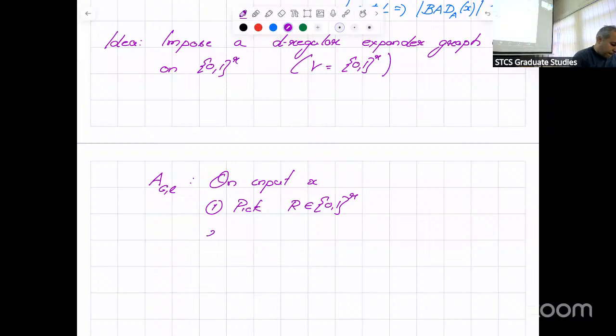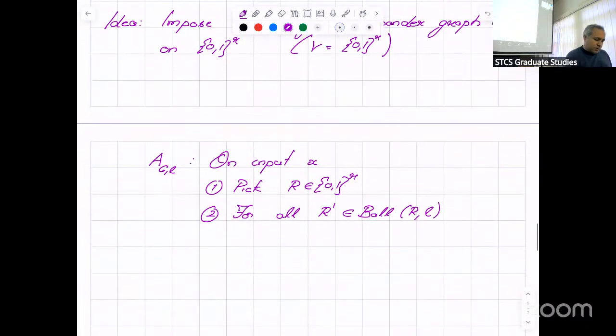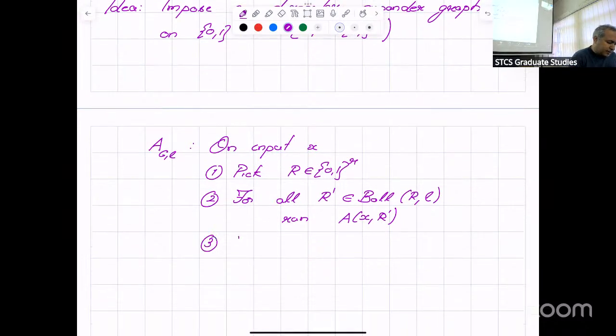And then for all R prime in the ball around R of radius L, we choose a random R, walk in the expander for L steps, and for everything in this ball we run A(X, R prime), and accept only if all the runs accept.